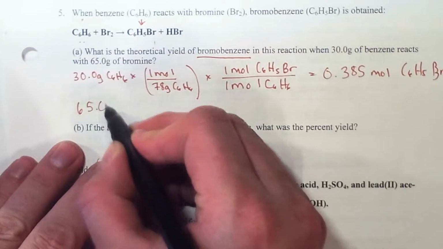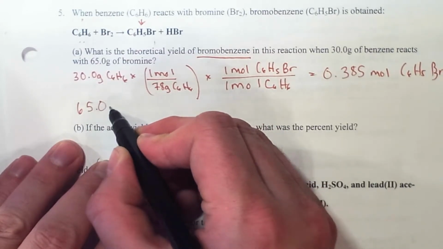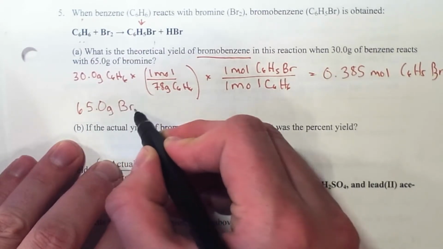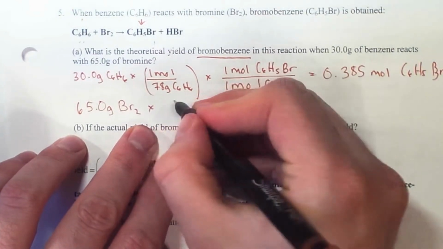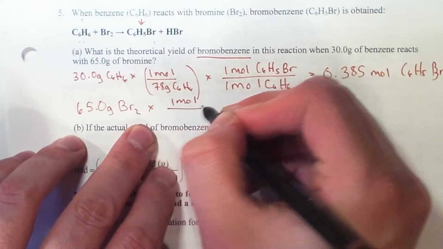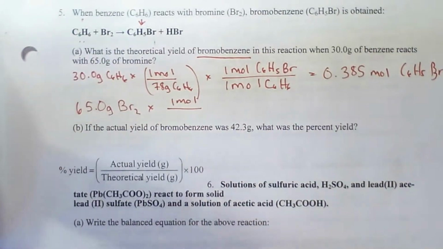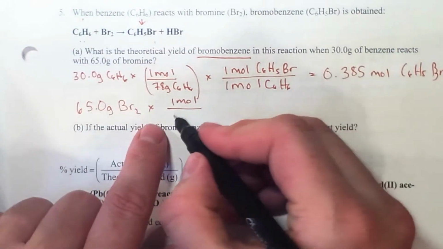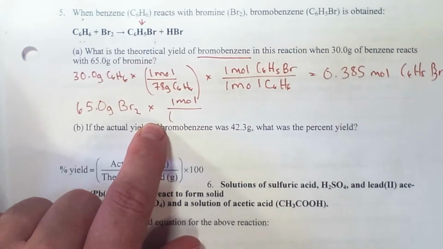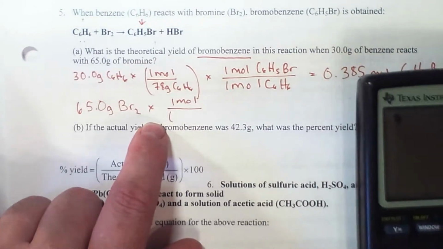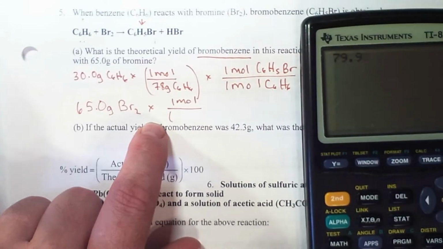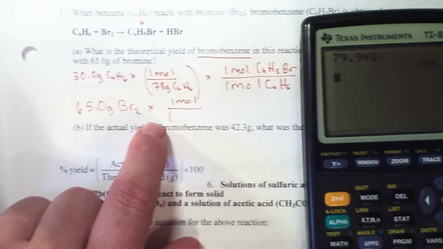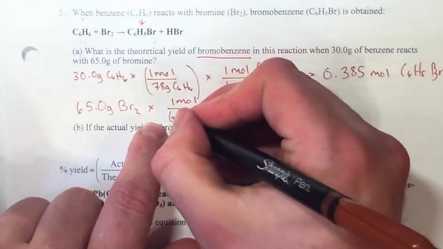Now we'll do 65 grams of bromine, Br2, over 1 mole. Each atom of bromine is 79.9 grams per mole, but I have 2 of them, so 159.8.